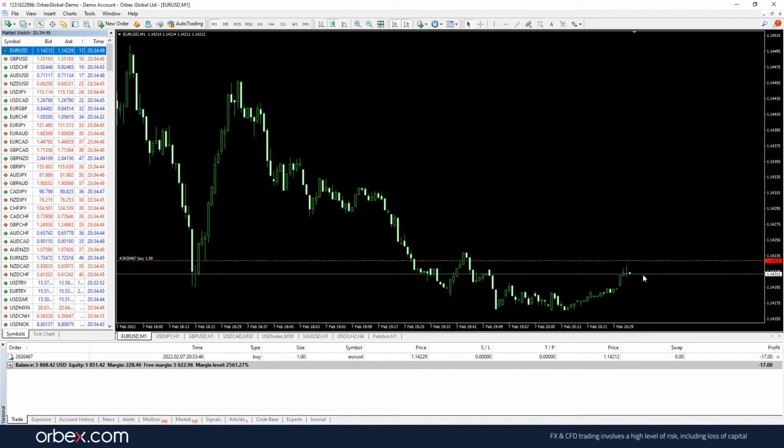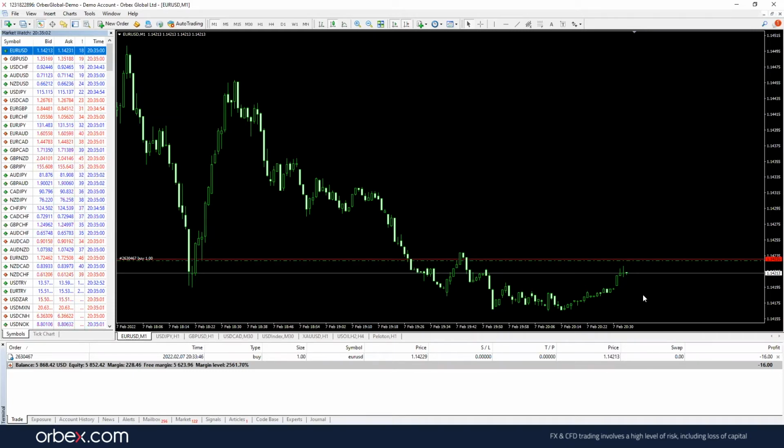However, as I said, you need this bid line to go above because you're in a buy position, obviously. The buy position needs to finish in a bull market, which is an upward market, for you to make profit, and conversely, a downward market to make profit for a sell position.